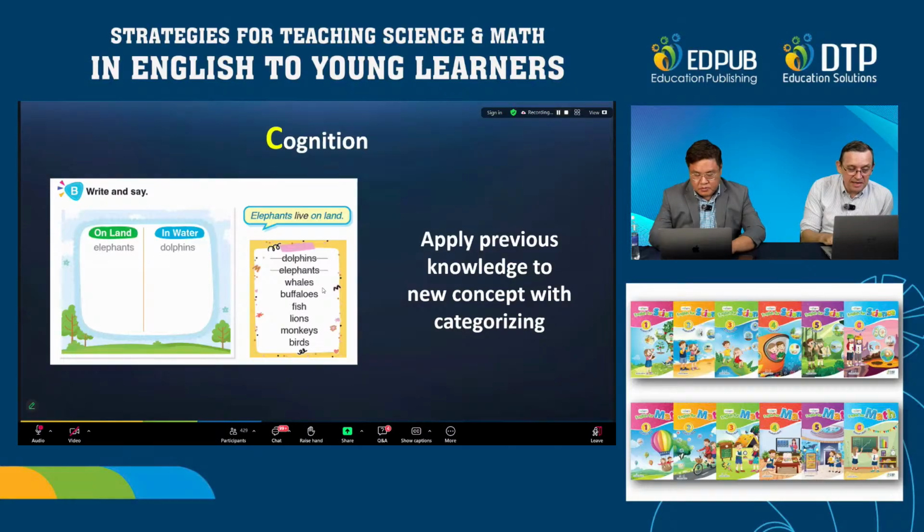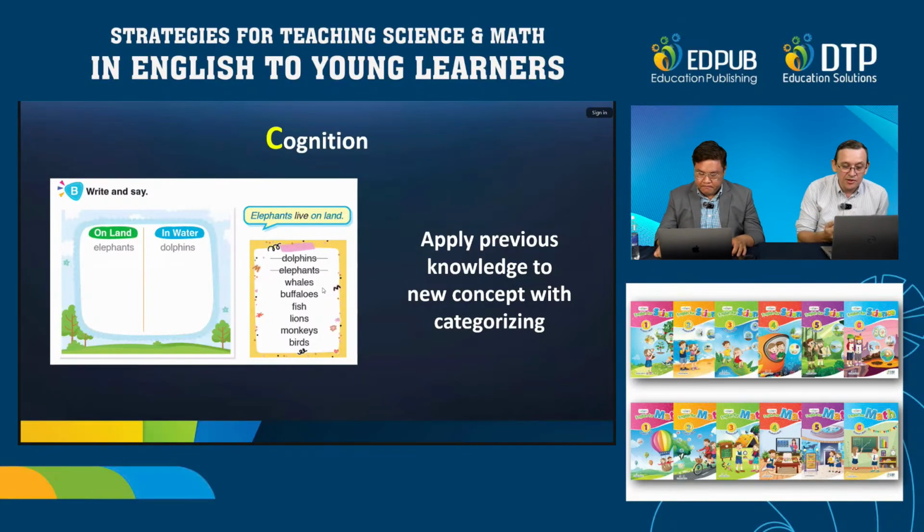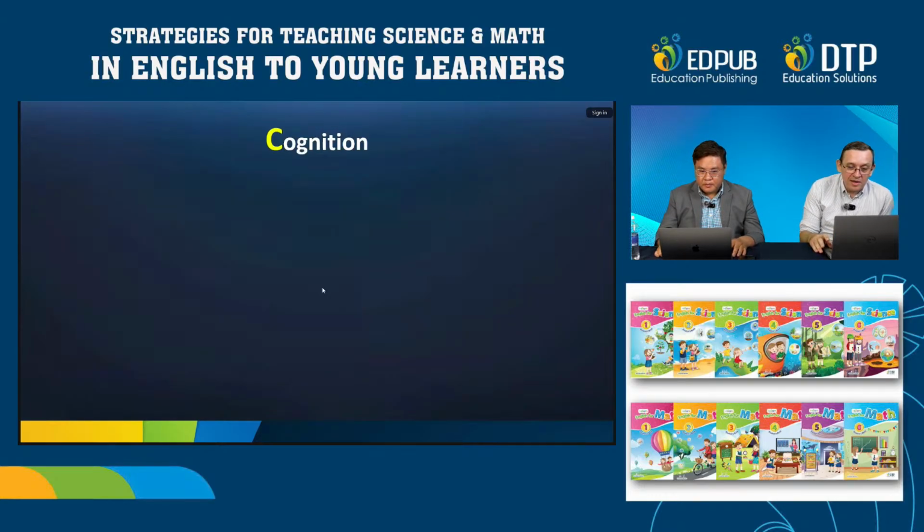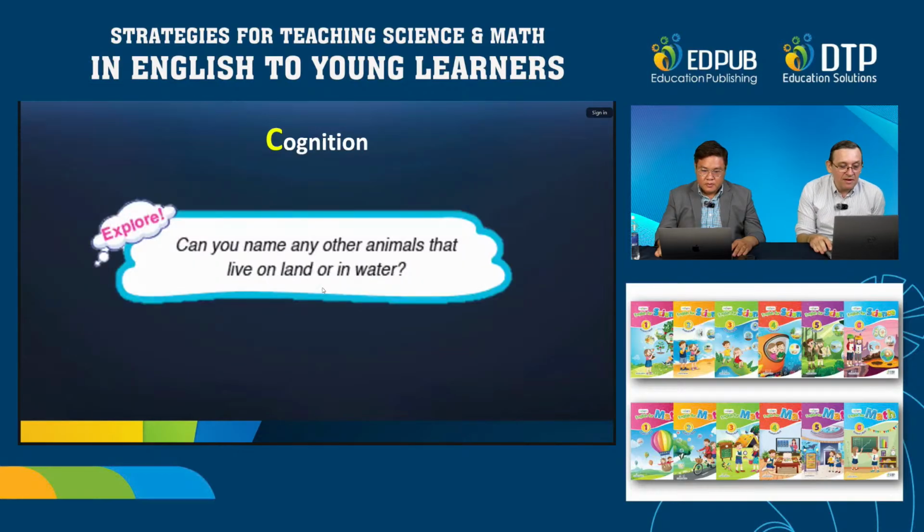And again, you can see there's a language focus. We want students to say what they are doing. We also, at the end of every lesson, have a little expansion, a little explore activity. In this case, it's can you name any other animals that live on land or in water?